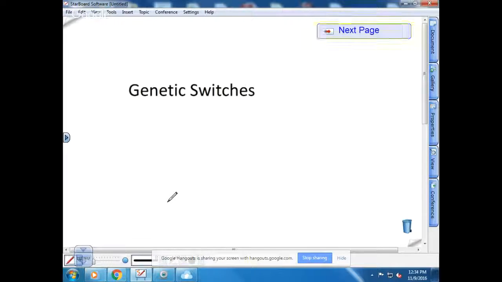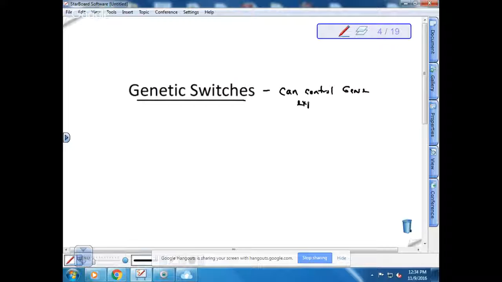Okay, so I want to talk a little bit more about genetic switches, because remember that I mentioned that this is another way that we regulate gene activity. So genetic switches are genes that can control gene expression. And this timing of when genetic switches are turned on and turned off can determine the differences between even species of organisms.